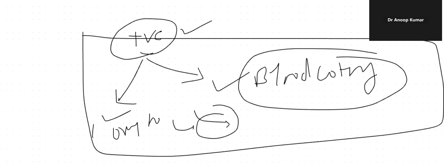Another classical example of how homeostasis is maintained is body temperature. You might have read in various textbooks how the body maintains body temperature. So body temperature is how much? 37 degrees Celsius. Why is it 37? Because for most enzymes, the optimum temperature to work is 37 degrees Celsius.